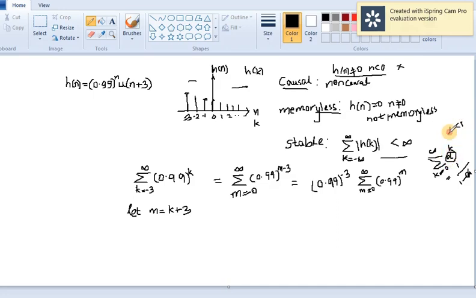If the value of alpha is less than 1, we can use this.